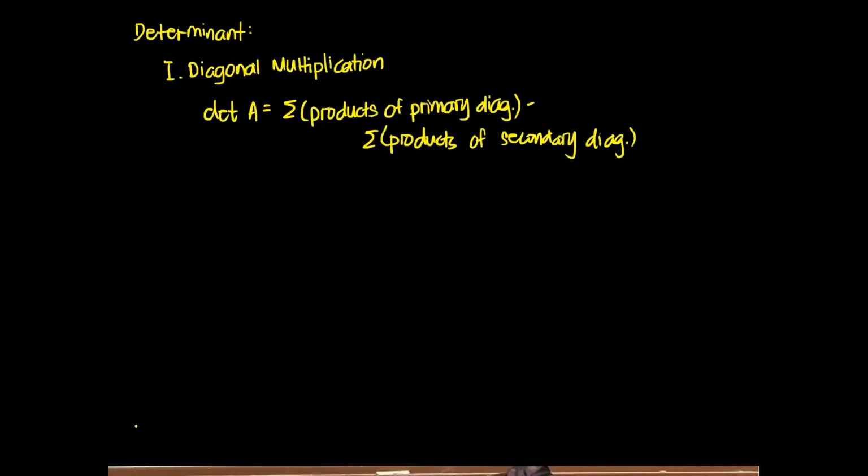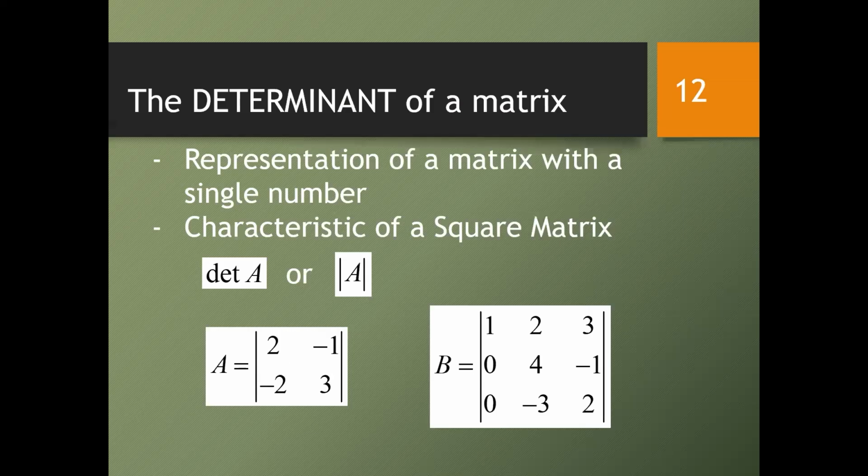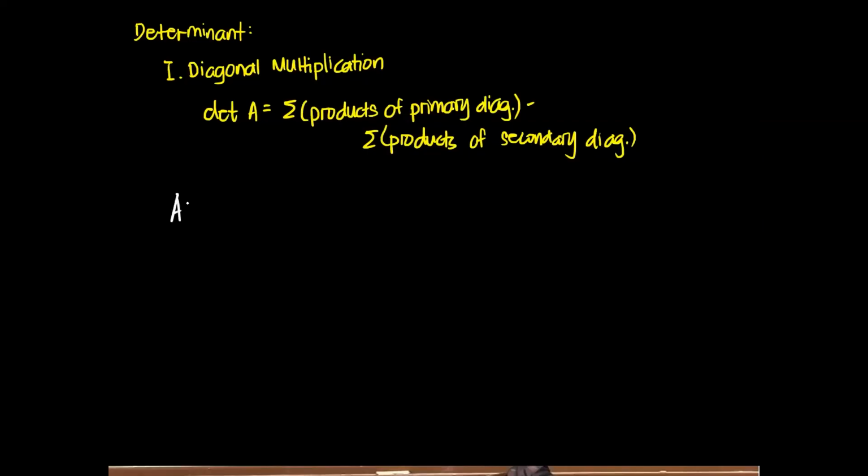So, what does this mean? A is 2, -1, -2, 3. There. So, products of the main diagonals. So, main diagonal. And then secondary diagonal is this.